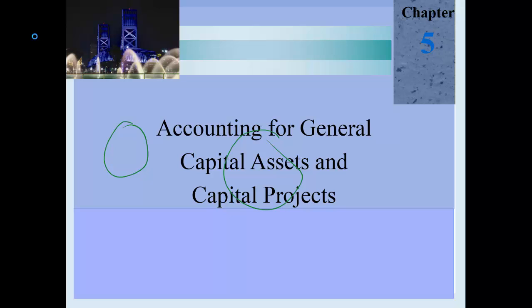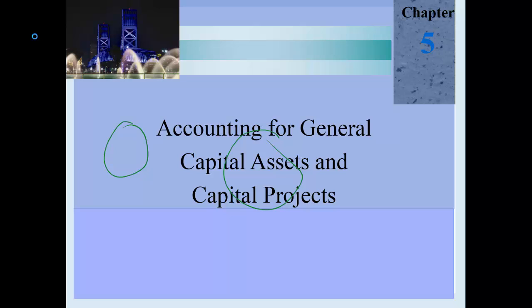And this is where we start to really dig into the differences between modified accrual and accrual as it relates to long-term assets. Under full accrual, we're going to treat those just like you've known for a long time, where you set up your assets, depreciate them, all that stuff, versus modified accrual, where we're going to be treating those as expenditures.